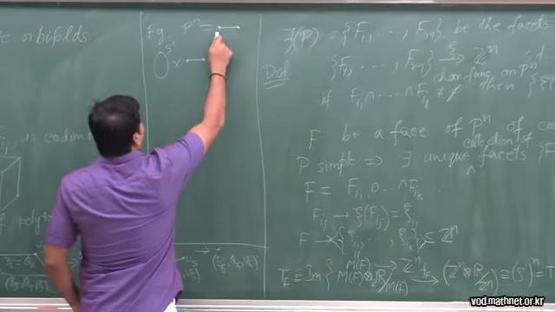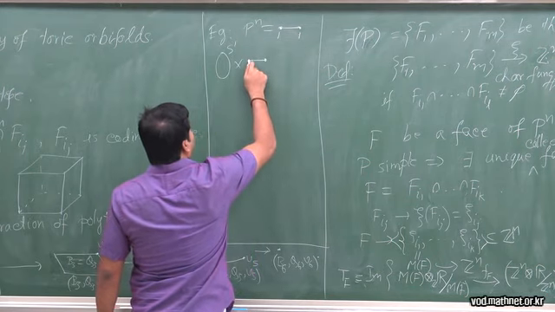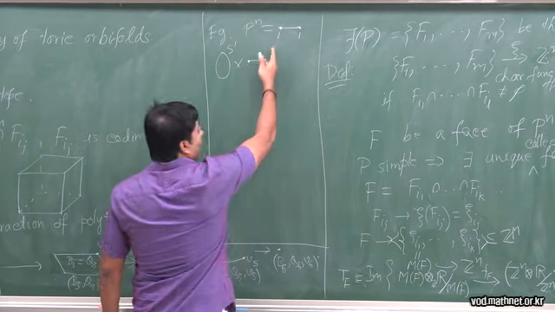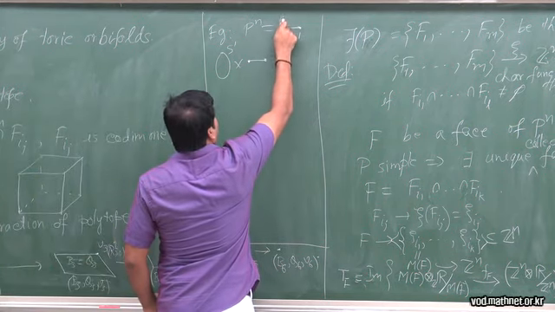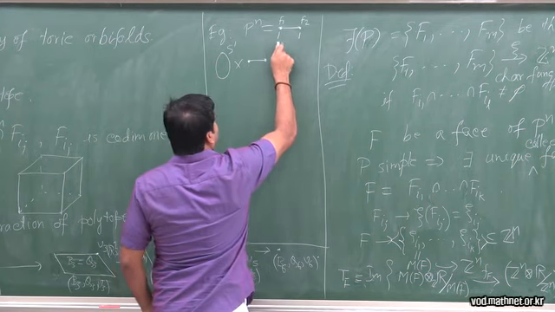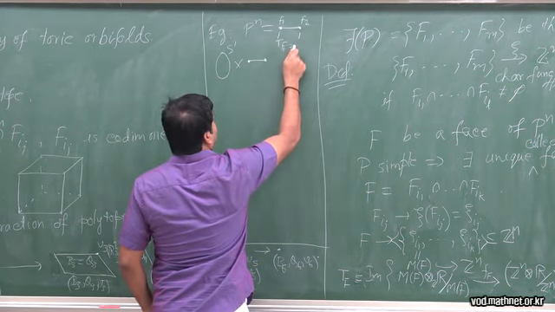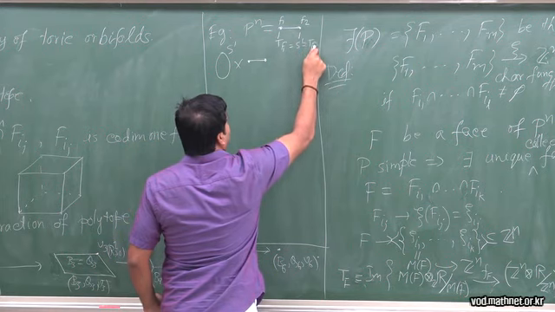So what should be the possibilities? Just it goes to 1 and this goes to 1. And the circle subgroup, so if this is F1 and this facet is F2, then TF1 is equal to just S1, which is equal to TF2.